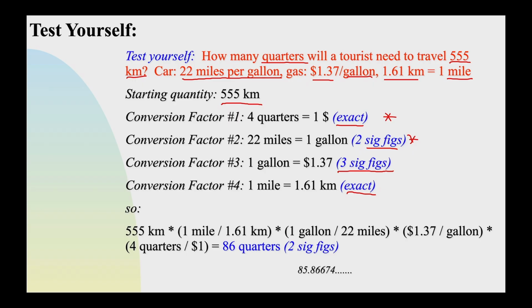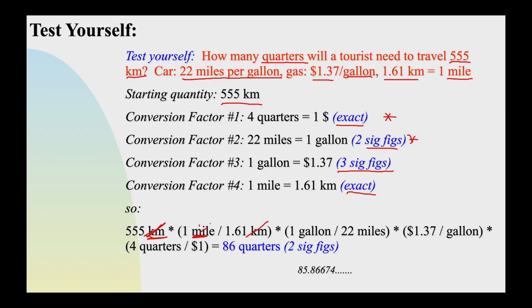Anyway, so here's how you do this. Start with kilometers, your starting unit. Kilometers divided by kilometers will cancel out. So 1 mile divided by 1.61 kilometers will get us to miles. Then a gallon is worth 22 miles. And notice how we flipped that from before, but that's okay. Conversion units can be flipped.